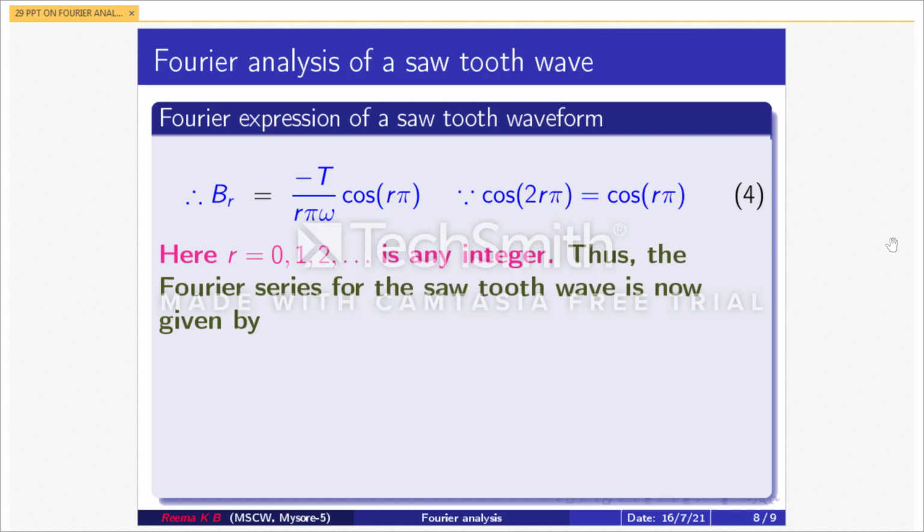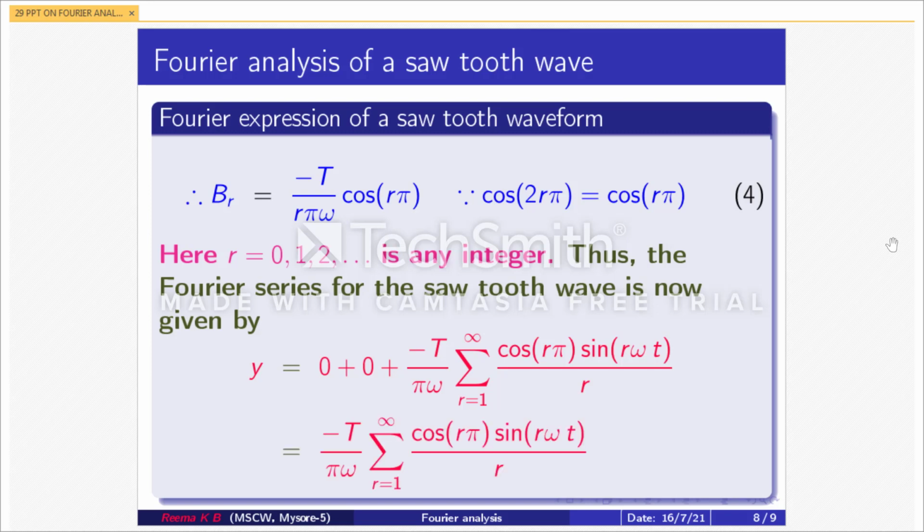Thus, the Fourier series for the sawtooth wave is now given by y is equal to 0 plus minus T by pi omega summation of r is equal to 1 to infinity cos of r pi sine of r omega t by r, which is equal to minus T by pi omega summation of r is equal to 1 to infinity cos of r pi sine of r omega t over r.